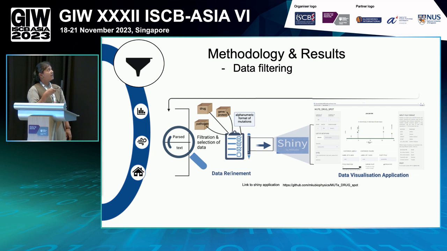And using that, the user just has to input his or her data in the form of the list of mutations, the name of the gene, and the name of the drugs which you want to plot.